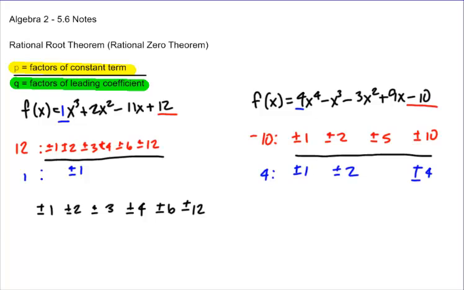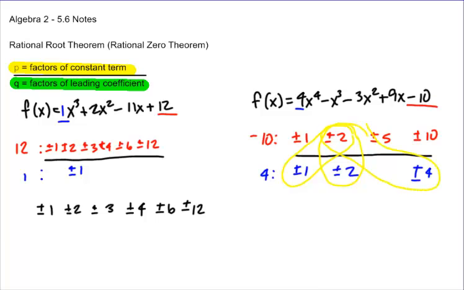So what are all the possible answers here? Well, what you do is you look at all the different fractions you could get. So we'll look at 1 over 1, 1 over 2, and 1 over 4. We look at all of those relationships. Then we look at 2 over 1, 2 over 2, and 2 over 4.